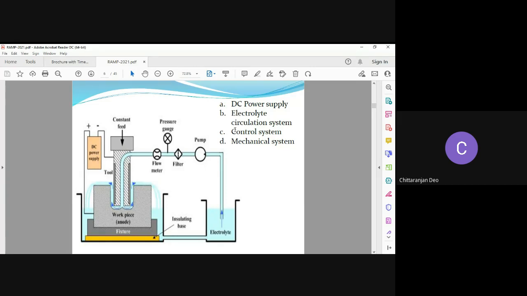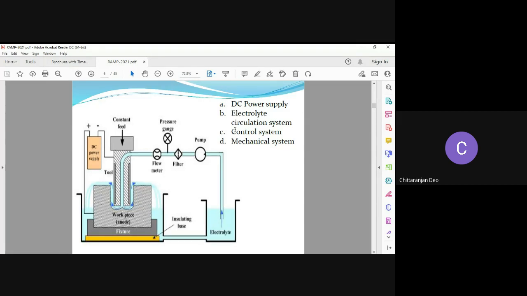Electrolyte circulation system: the product of electrochemical reaction should be removed from the gap between the workpiece and the tool. Accumulation of the reaction product causes a decrease of process efficiency and also reduces the rate of machining.